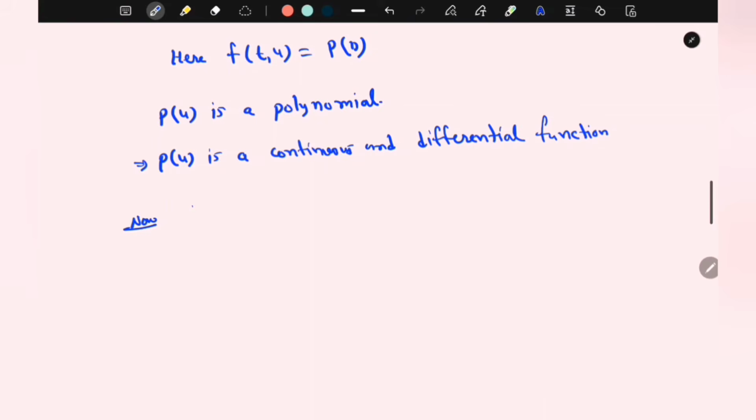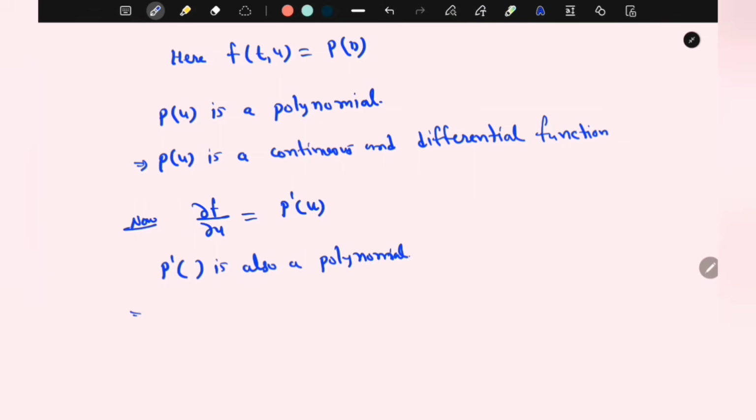Now del f upon del u will be p'(u). So p' is also a polynomial, and since it is a polynomial, p'(u) is continuous.